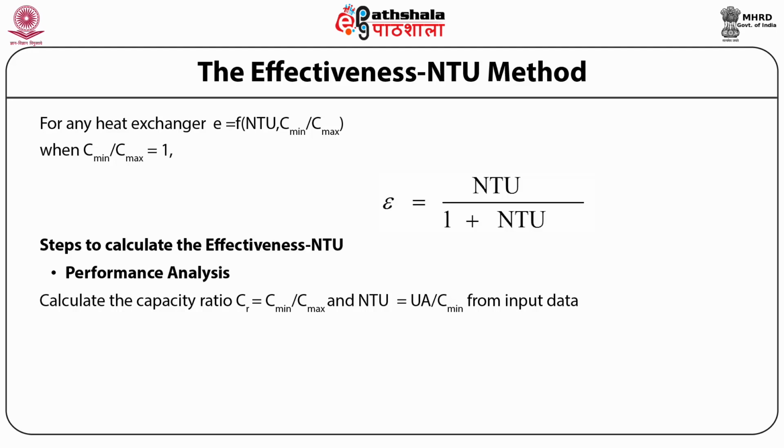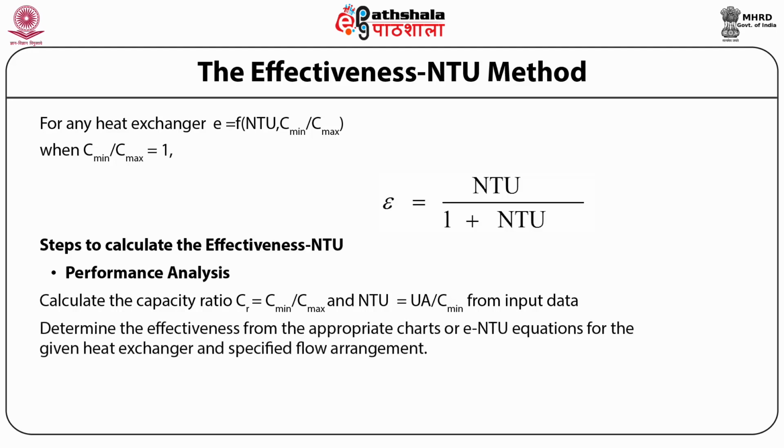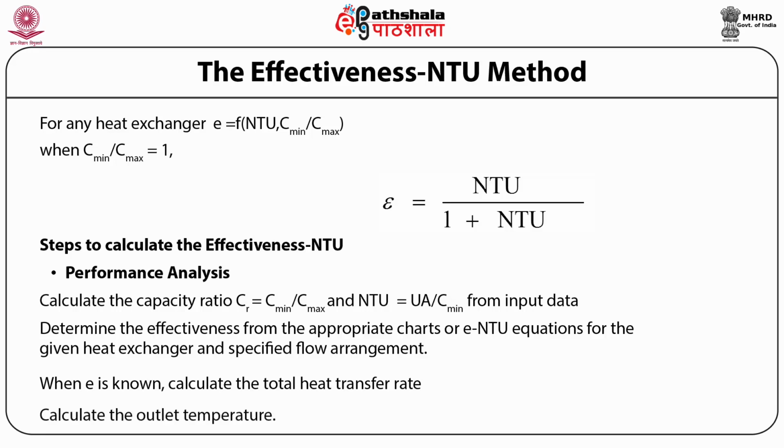Step 2, determine the effectiveness from the appropriate charts or the epsilon-NTU equation for the given heat exchanger and specified flow arrangement. Step 3, when effectiveness is known, calculate the total heat transfer rate. Step 4, calculate the outlet temperature.